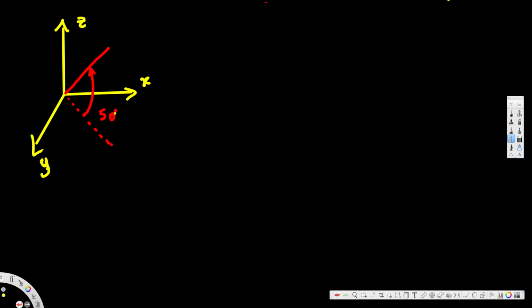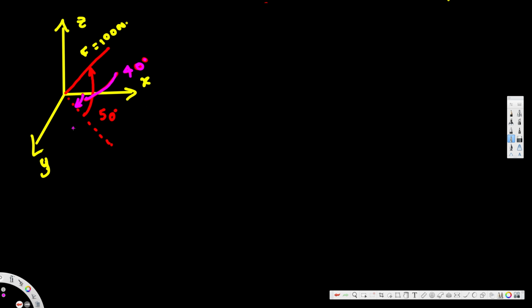This is 50 degrees, and let's say this force is equal to 100 Newton, and with the x-axis it is making 40 degrees. Maybe it's better to use a different color. With x it's 40 degrees.